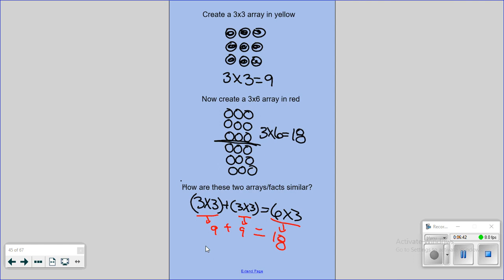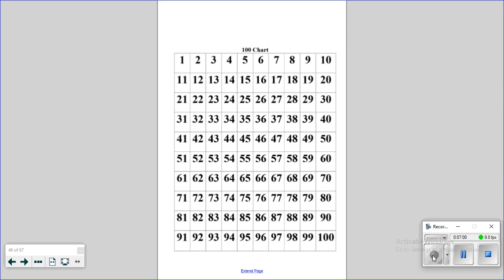We're seeing a lot of those double strategies coming back. If I start with my 3s, I can use those doubles and get to my 6s. Pretty cool.